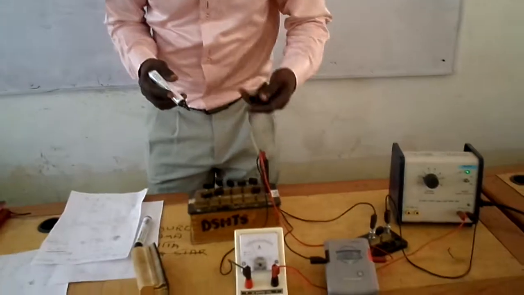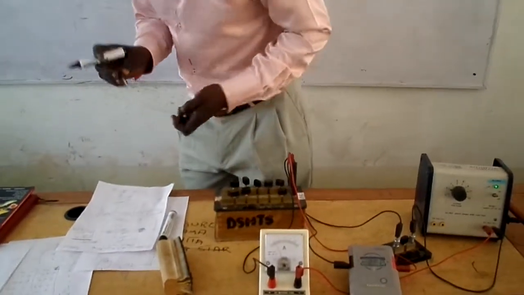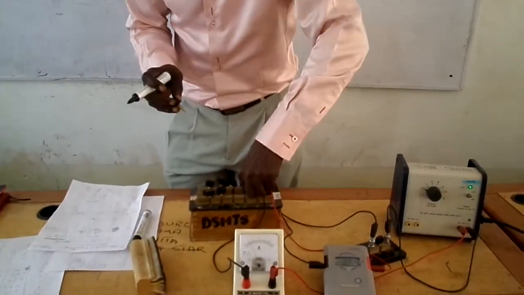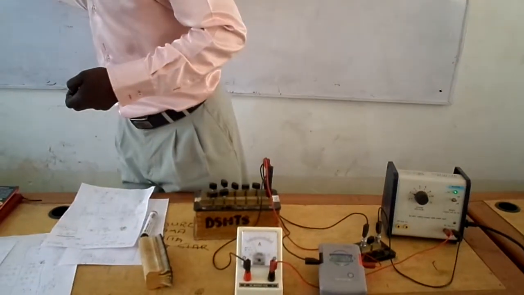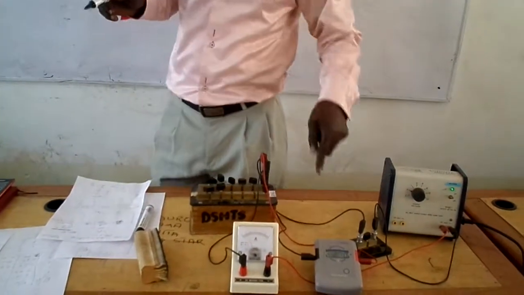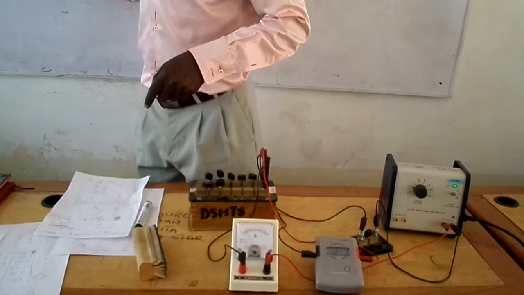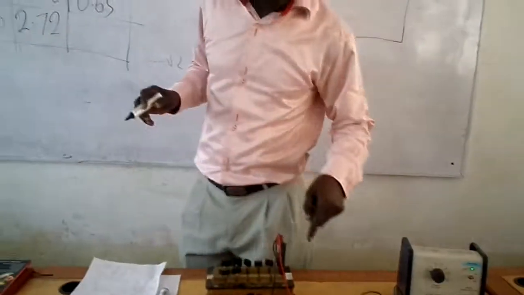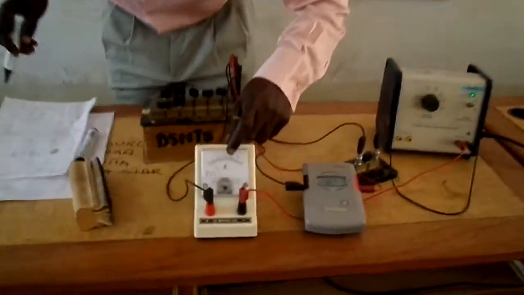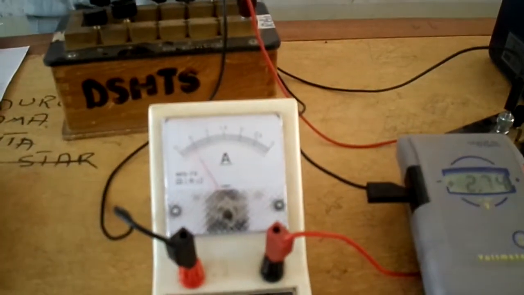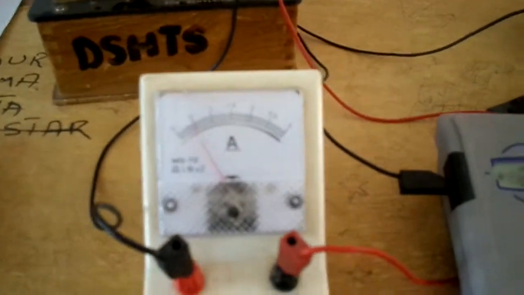Alright, let's move on. So from 4, then we are going to take 5, so we add 1. The voltmeter read 2.72, and then the ammeter also recorded 0.40.